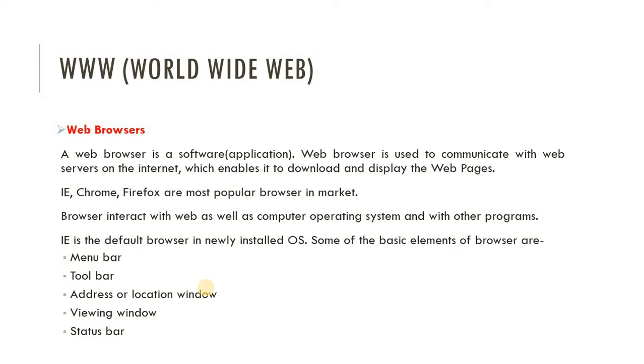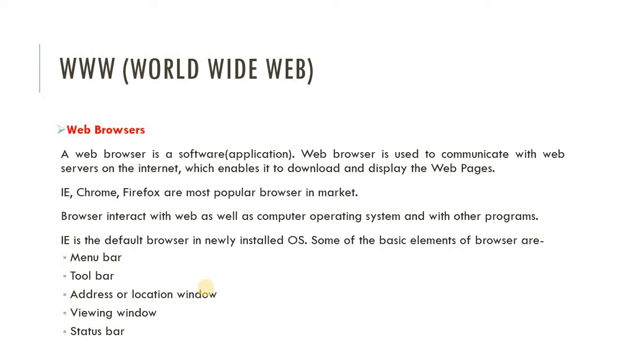Web browsers interact with the web as well as the computer operating system and with other programs. Internet Explorer is the default browser in a newly installed OS. You all know that if we purchase a new laptop, the only installed web browser is Internet Explorer. If we install a new OS on our system, the installed web browser is only Internet Explorer.